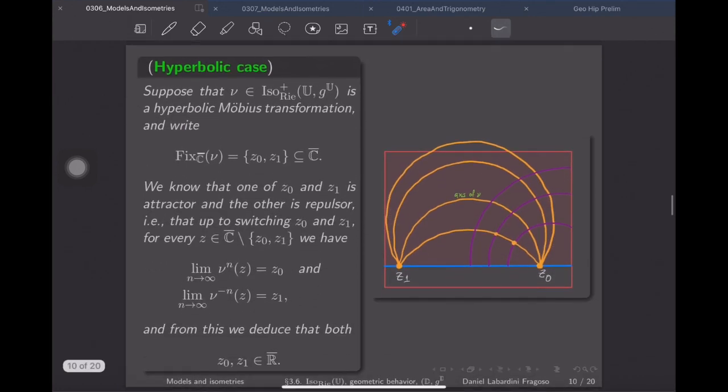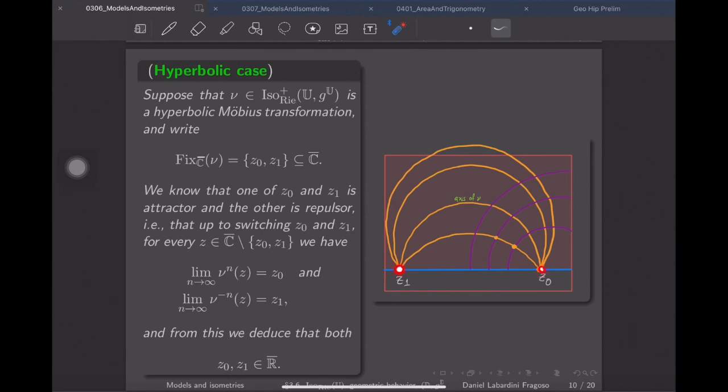Now in the hyperbolic case, the two fixed points lie in R bar, and then somehow the iterations of the hyperbolic Mobius transformation look like flowing from one point to the other, from the repulsor to the attractor. Here, if the attractor is Z0 and the repulsor is Z1, the iterations of nu look like flowing in this direction.